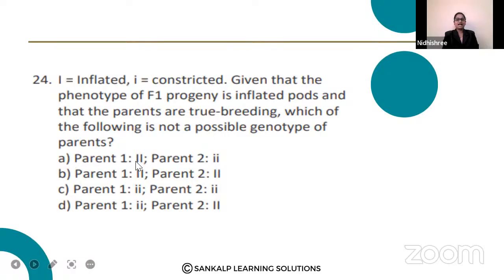A, parent 1 capital I, parent 2 small i. B, parent 1 capital I, parent 2 capital I. C, parent 1 small i, parent 2 capital I. Most of them answered option A. Few of them voted for option C. Vidya answered option C.